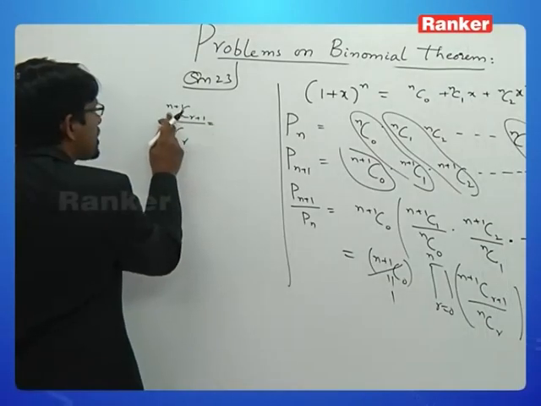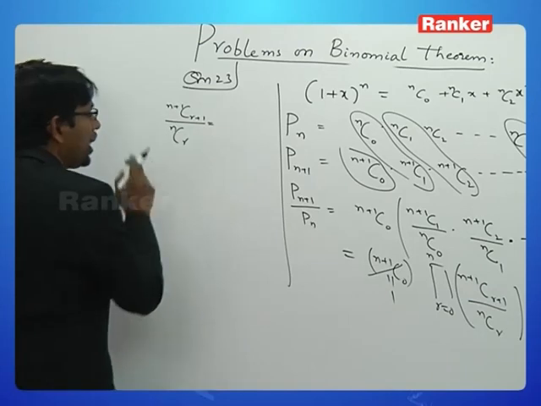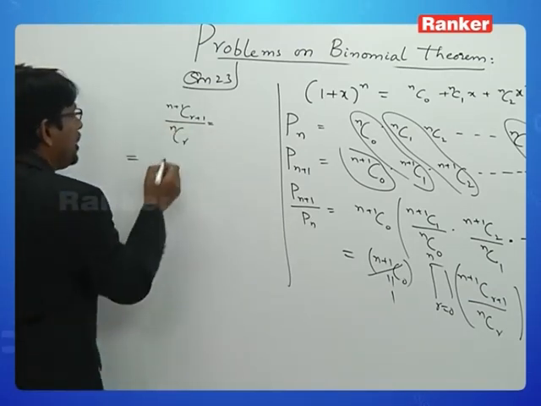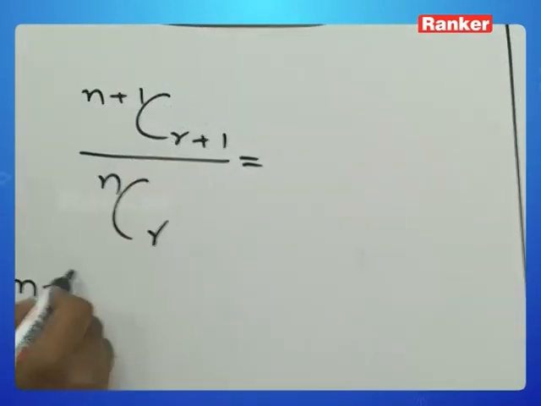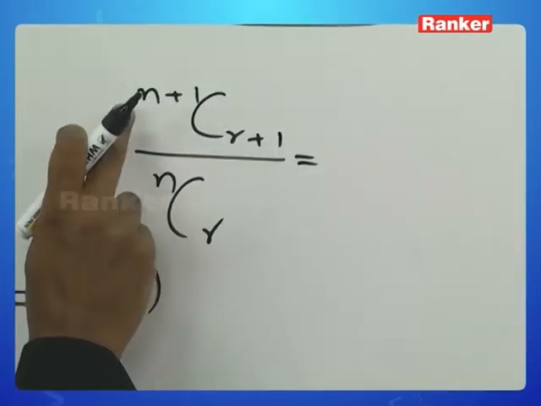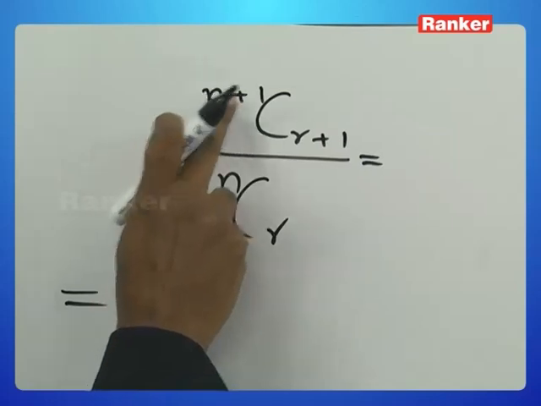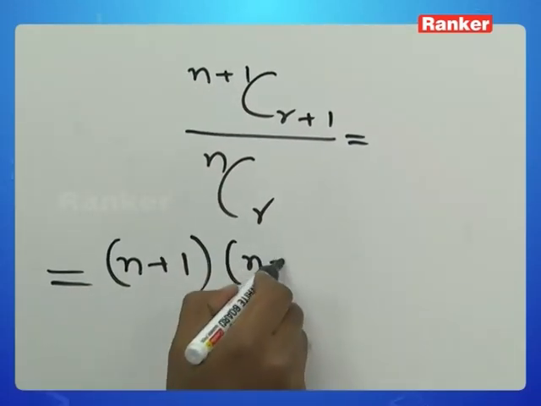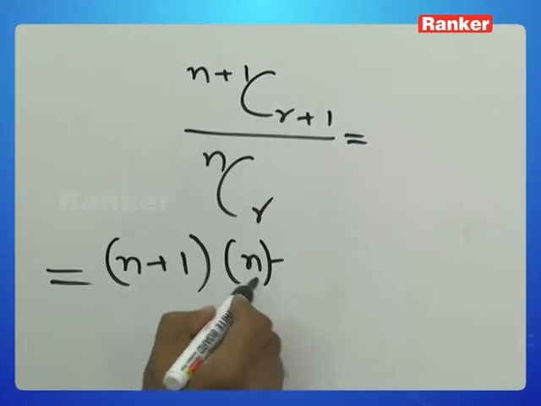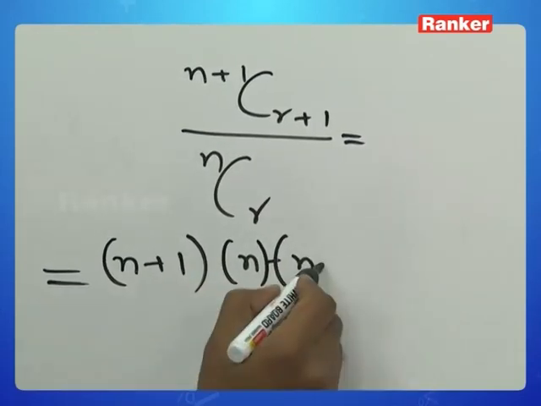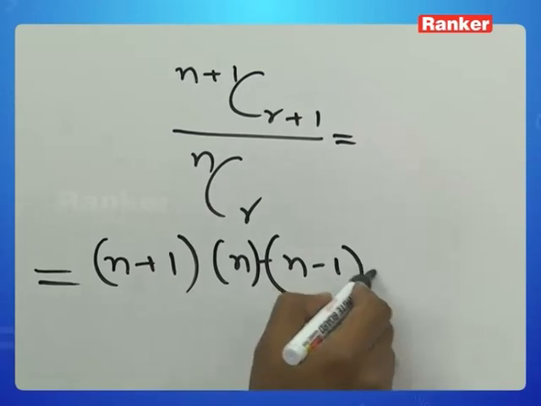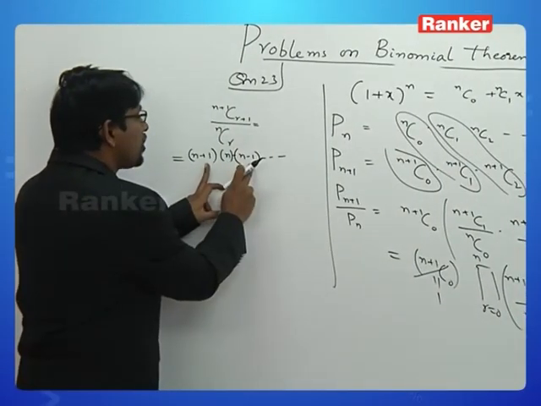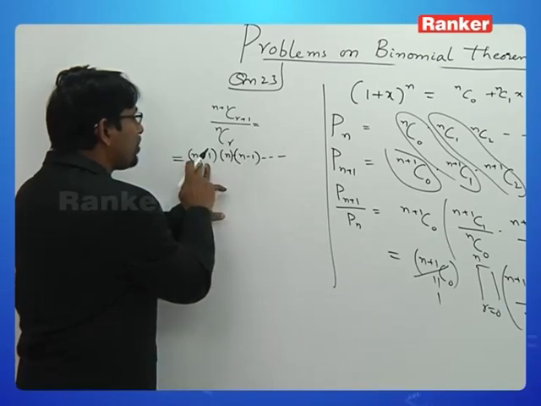In the numerator we write, starting from n plus 1, r plus 1 consecutive numbers: (n+1) into n, next (n minus 1), and so on. When you are writing 3 consecutive numbers, you are subtracting a 2 from n plus 1.